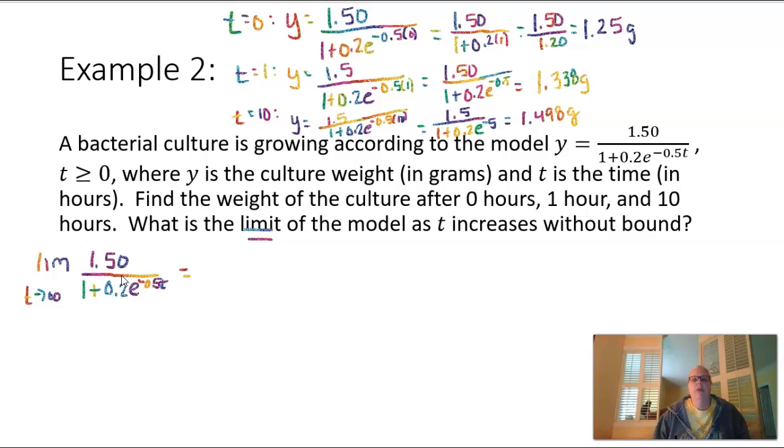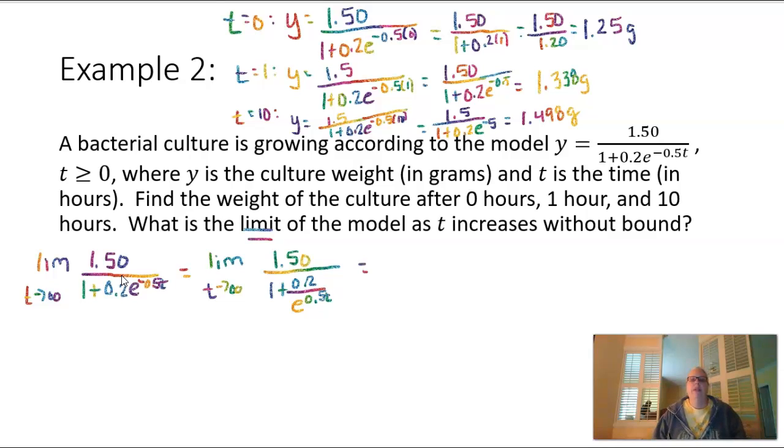Alright, I'm going to rewrite this a little bit. I'm going to rewrite this as the limit as t approaches infinity of 1.50 divided by 1 plus 0.2 over e to the positive 0.5 t power.